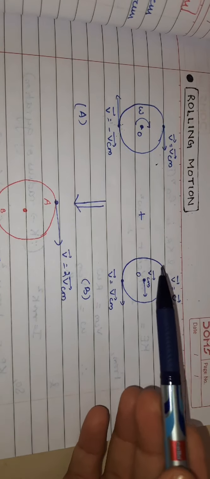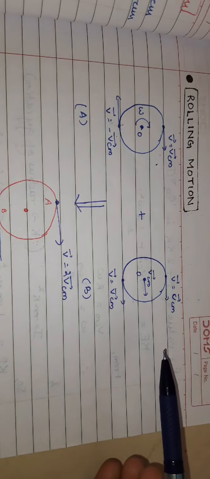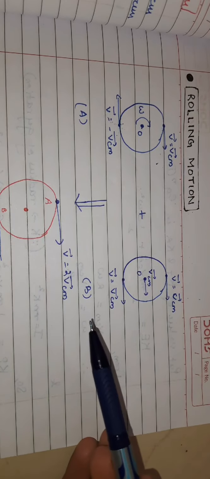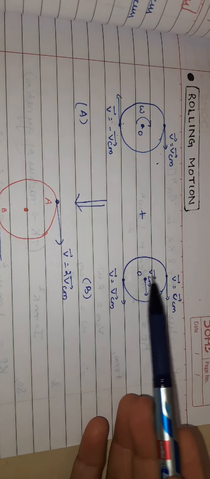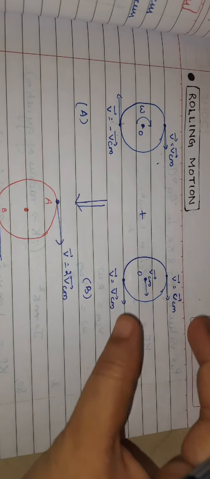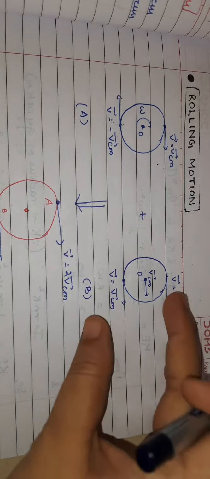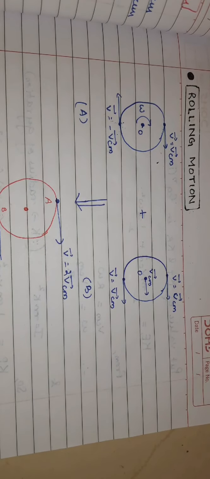If the particles of the object are making a straight-line path, this type of movement is called pure translational. Here I have drawn three arrows, and all three parts are moving with VCM, the center of mass velocity, in a straight line. So this depicts the pure translational motion diagram.